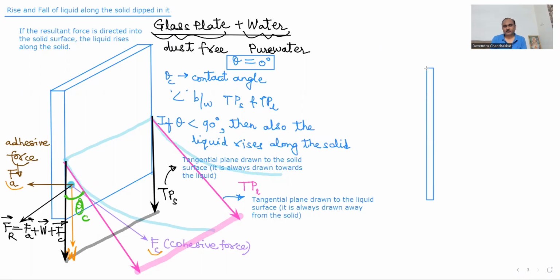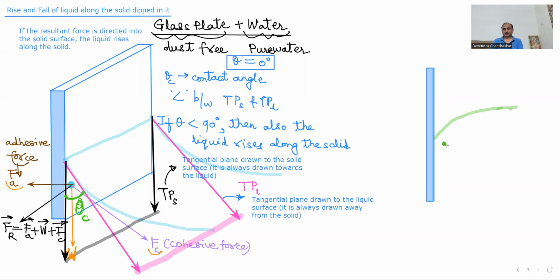Now I am taking this cross section. See this thickness. Here the liquid is falling along the solid. So this is how the falling liquid looks. This is the liquid molecule on which we will see the forces.